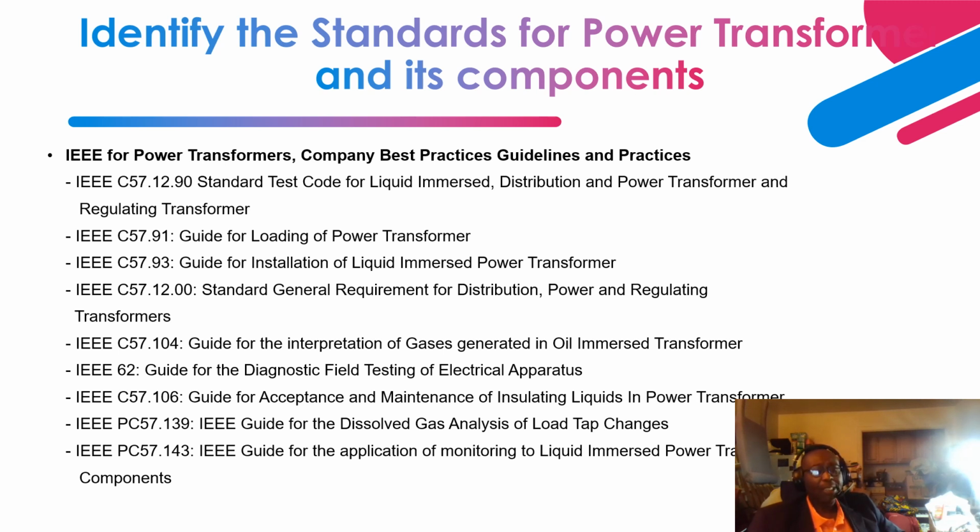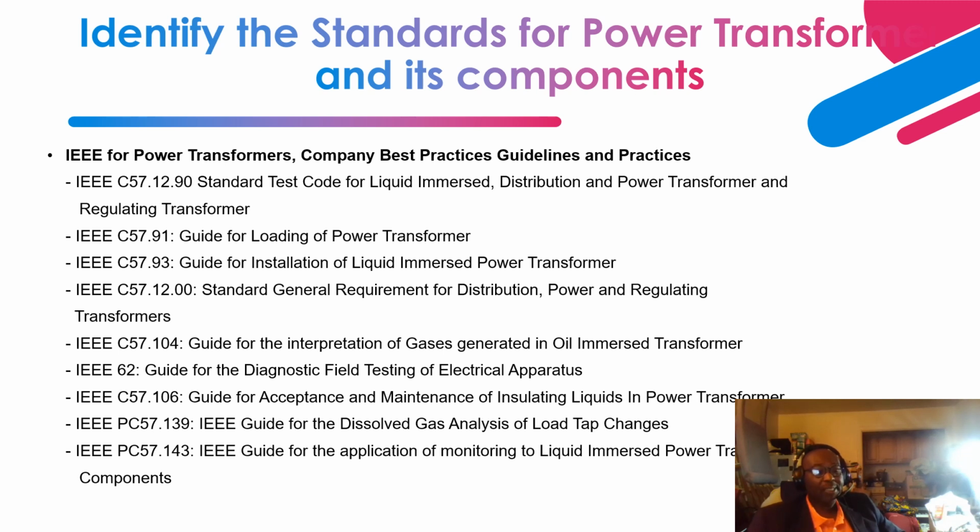Condition 2, condition 3, condition 4. Condition 3 and condition 4 being the severest, and that requires intervention and action. It also tells you the total combustible gases that you are supposed to have, and beyond that range, it tells you to take an action.